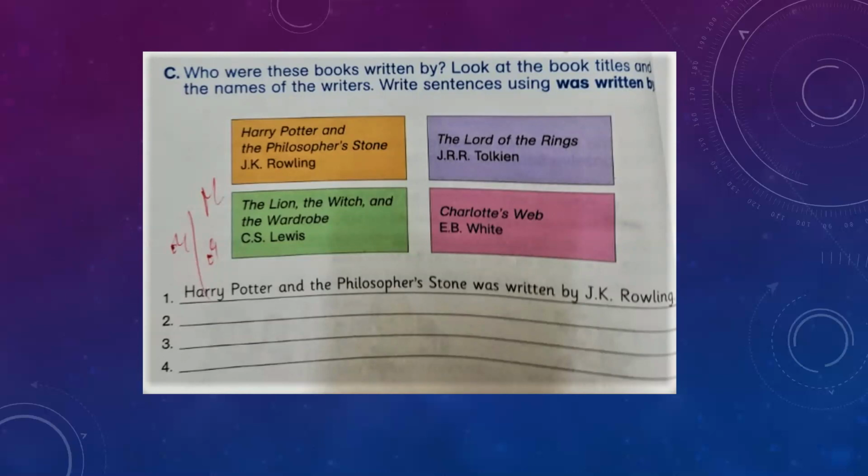Harry Potter and the Philosopher's Stone was written by J.K. Rowling. The Lord of the Rings was written by J.R.R. Tolkien. The Lion, the Witch, and the Wardrobe was written by C.S. Lewis. Charlotte's Web was written by E.B. White. Now this way you can make passive sentences giving information about the authors and their books.